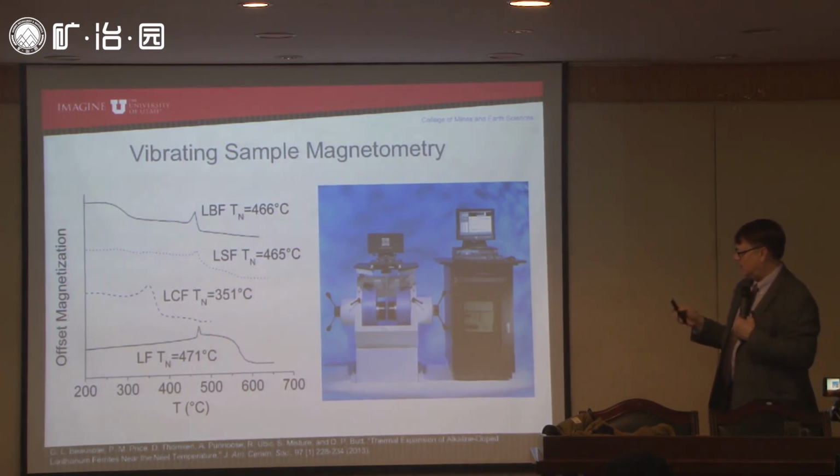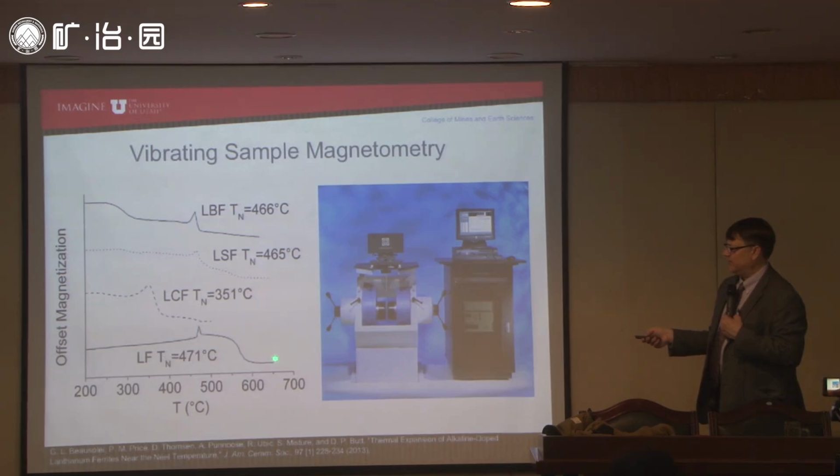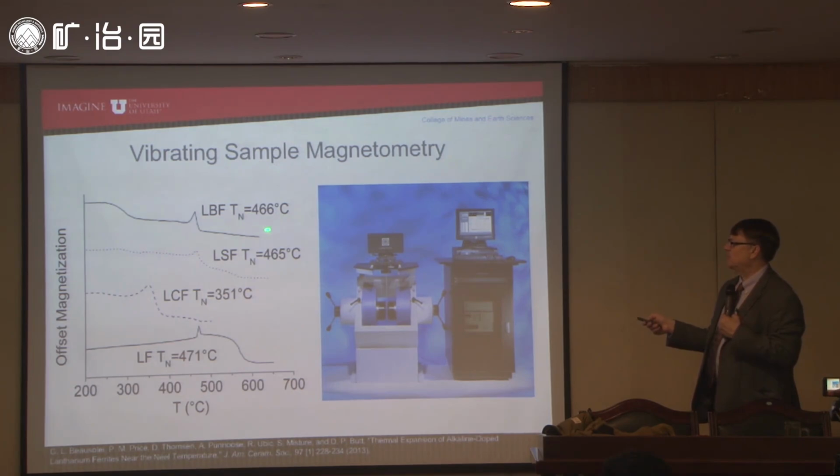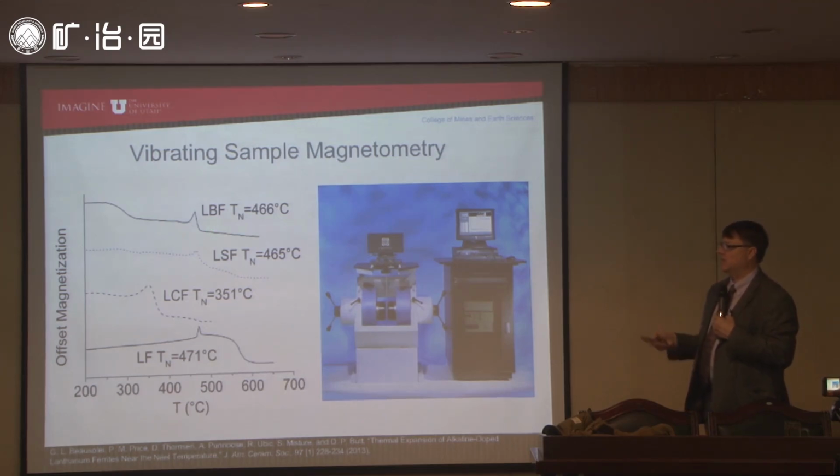So we've got our pure lanthanum ferrite. We've got a material that's doped with 10% calcium. And just because it's interesting and for comparison, we've got a material doped with 10% strontium, and one doped with 10% barium. So we have lanthanum ferrite, lanthanum calcium ferrite, lanthanum strontium ferrite, and lanthanum barium ferrite.